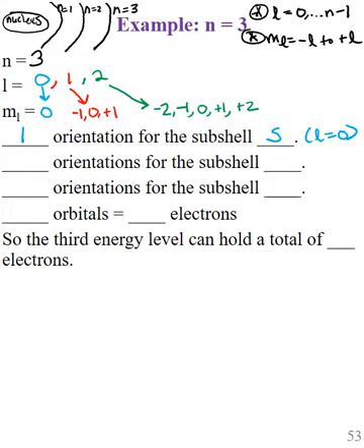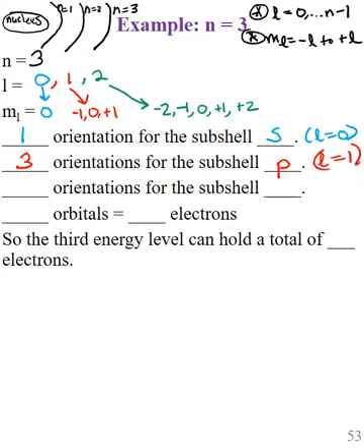Now let's look at the one I did in red. How many orientations could I have? I could have 3 orientations because I have 3 m sub l values. And if l in this case is 1, what is the subshell? The subshell is going to be p.